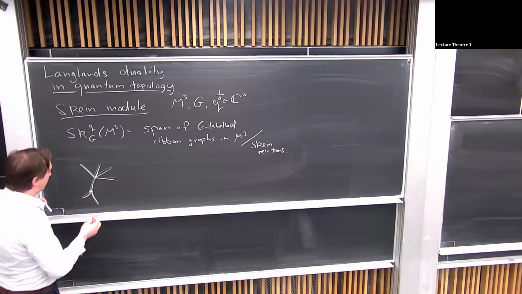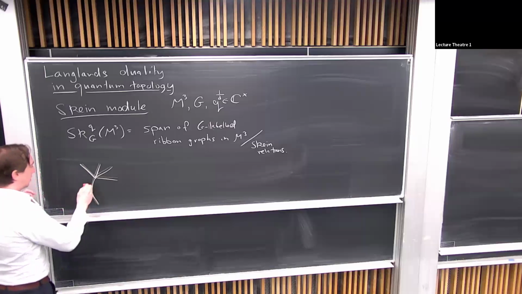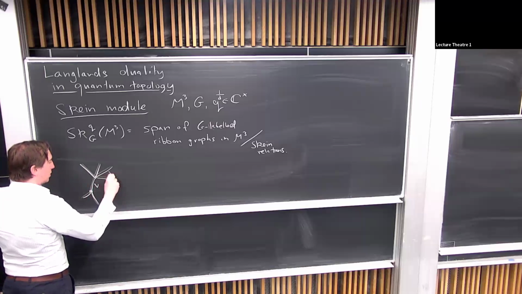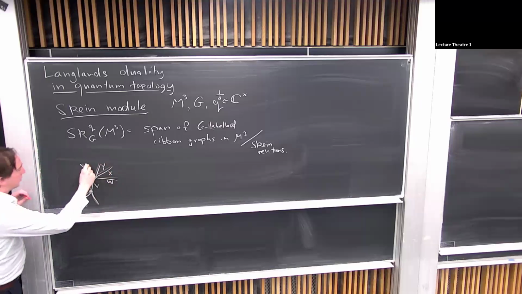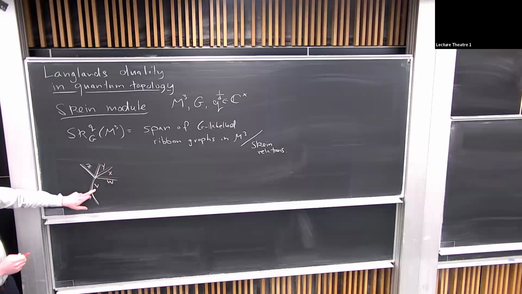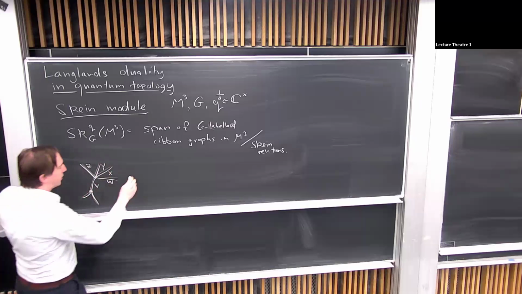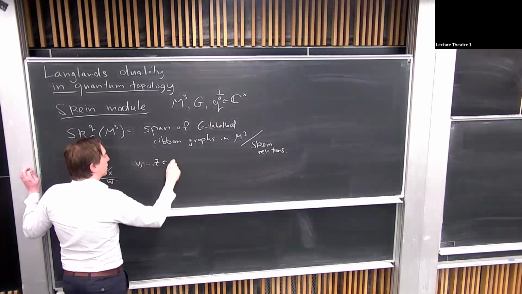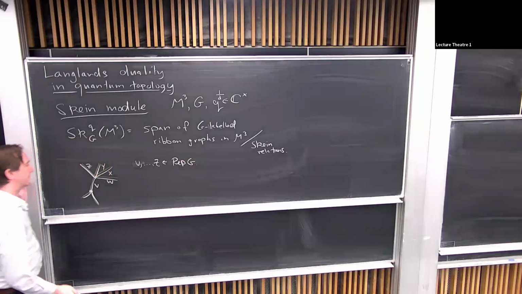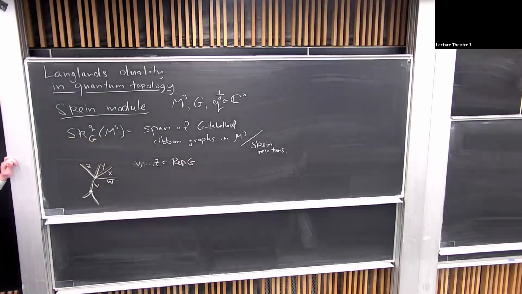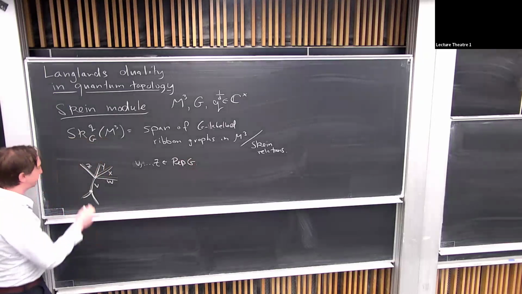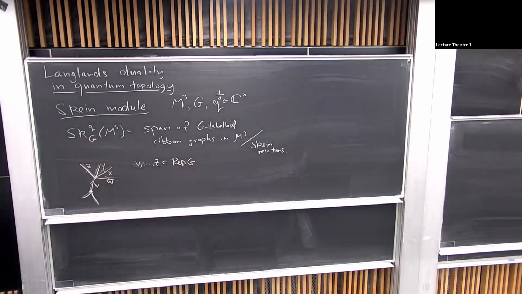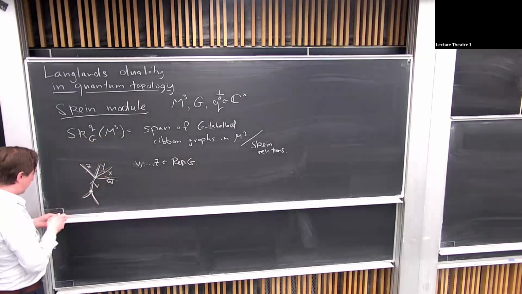And then G-labeled means that for every edge, we're going to have a label, and the labels are going to be representations of the group. I should have said that it's an oriented graph. Orientation. And we also have a label at each vertex.